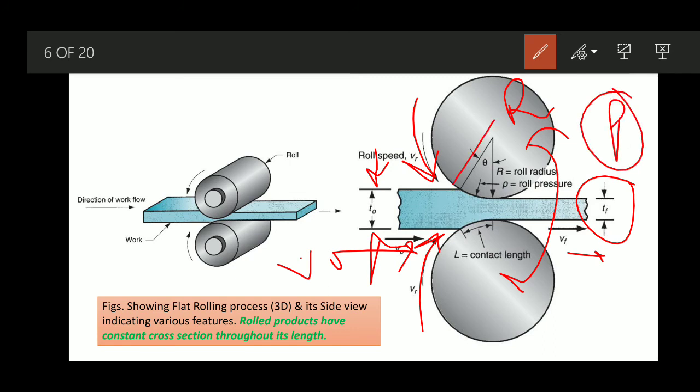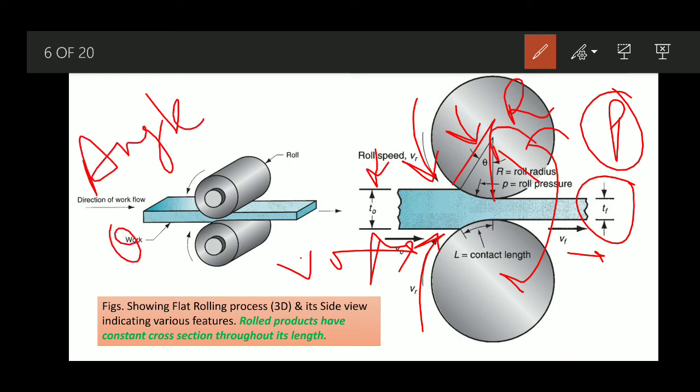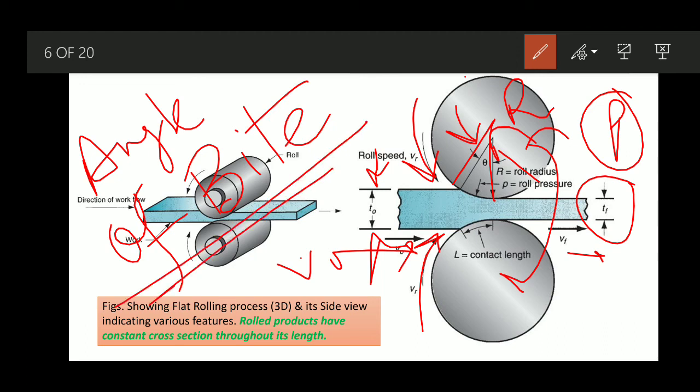This angle is known as the angle of bite, and it gives us an indication of the reduction in cross section that could be achieved with a given set of rolls.